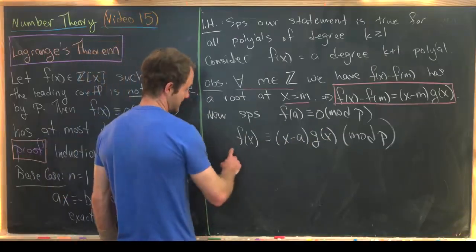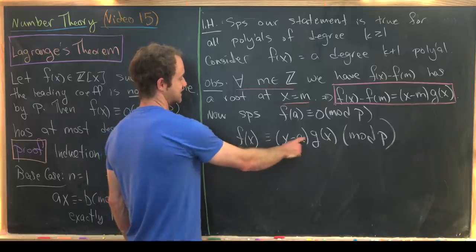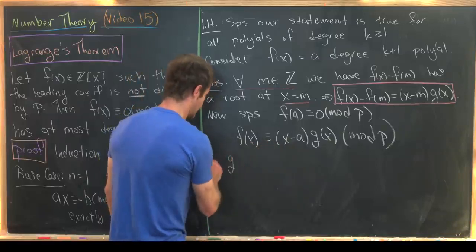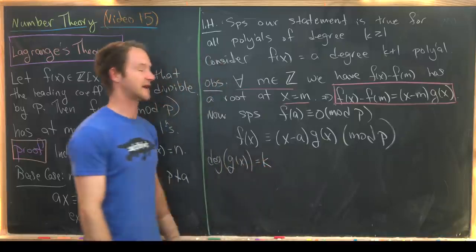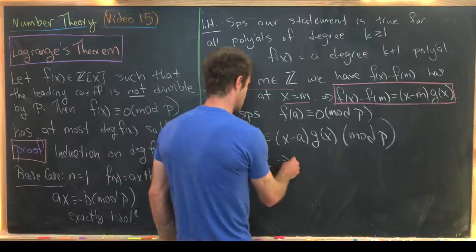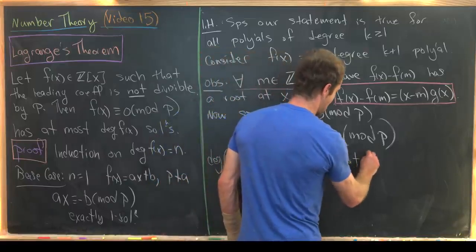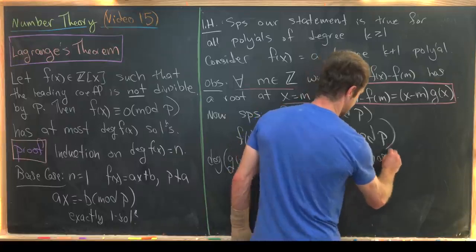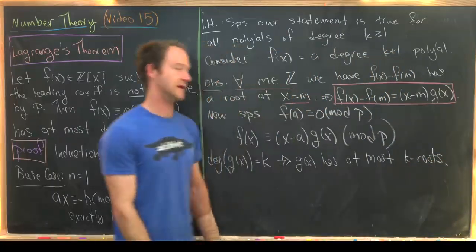And then again, since the degree of f of x is k plus 1, and x minus a is degree 1, we have that the degree of g of x is equal to k. So that tells us that g of x has at most k roots modulo p.